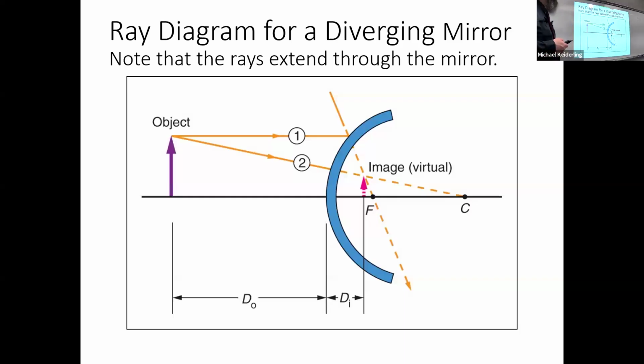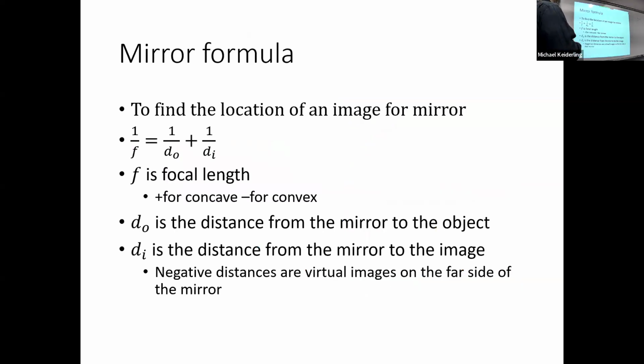For a diverging mirror, the image is always upright, virtual, and smaller than the object. The mirror formula is 1 over the focal length equals 1 over the distance to the object plus 1 over the distance to the image. Focal length is positive for concave or converging mirrors, and negative for convex or diverging mirrors.